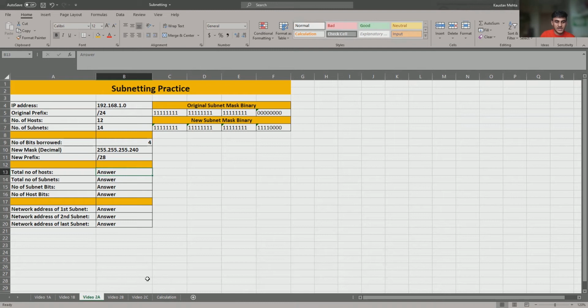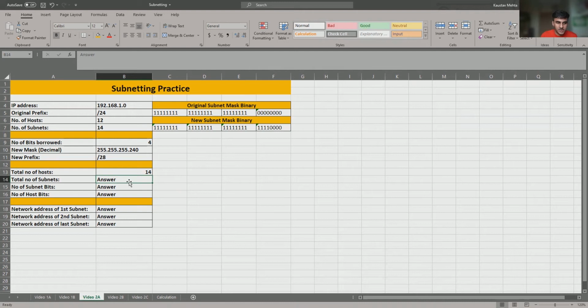The number of hosts, as we calculated in the previous video, I'll be running through these fairly quickly because we have 3 examples for this video. If you still do not know how to calculate the number of hosts and subnets, I explained that in greater detail in my first video. So the number of hosts will be 2 to the power of number of bits left minus 2. We have 4 bits left as zeros. So 2 to the power of 4 is 16 minus 2, because 1 IP for the network address, and 1 IP for the broadcast address.